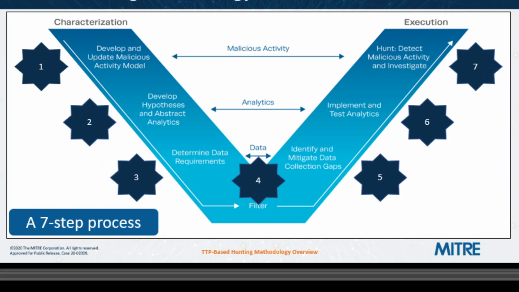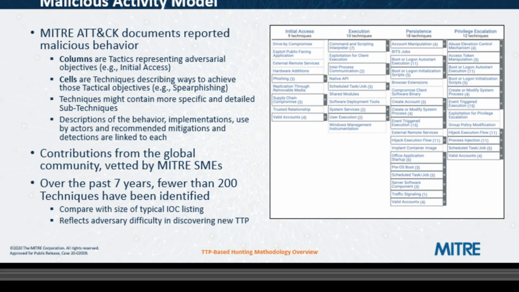And then there are 3 steps moving back up from data to analytics to malicious behavior as we implement these ideas and end up with detection of the malicious activity that we started out looking for. So let's dive into each of these 7 steps in a little more detail.